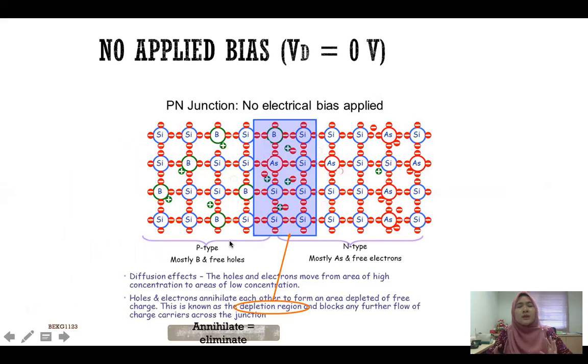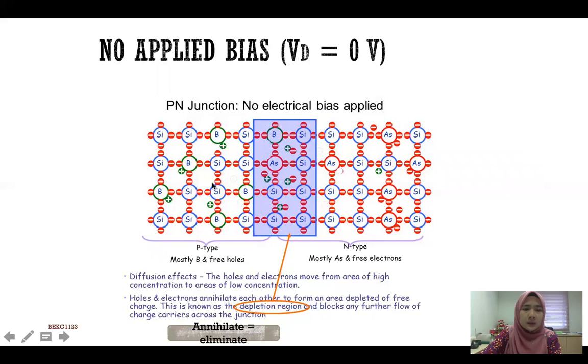First, let's look at this one, with no applied bias, meaning that VD, the voltage, is 0. It's not the forward bias, it's not the reverse bias. No applied bias means no electrical bias is applied.